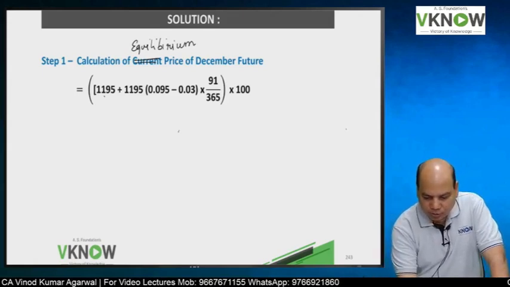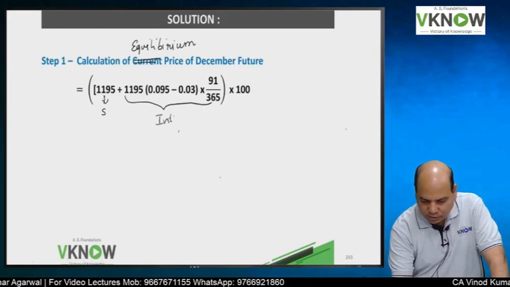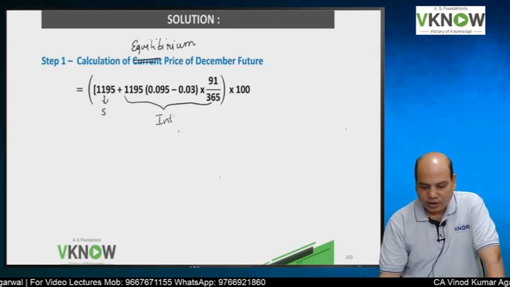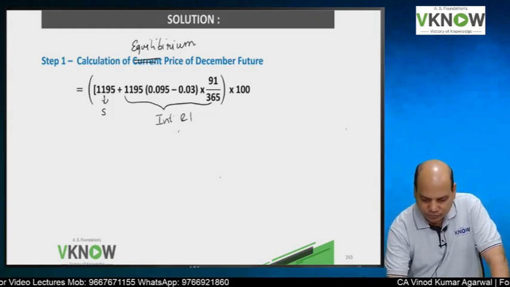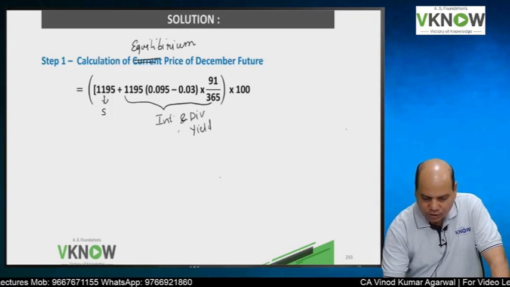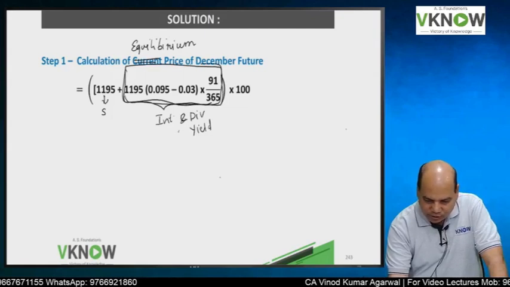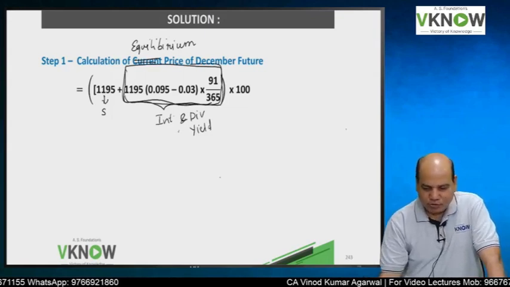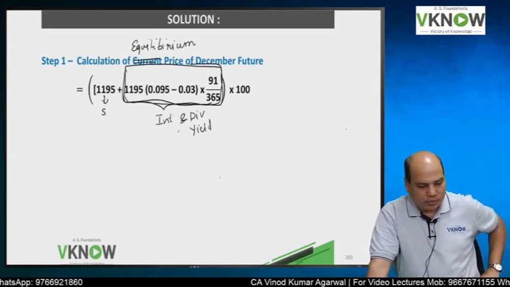So this is my spot price and this is my interest and dividend yield adjustment. Okay. Take your calculator. First you solve this part, which will give you the interest and dividend yield effect, plus 1195.